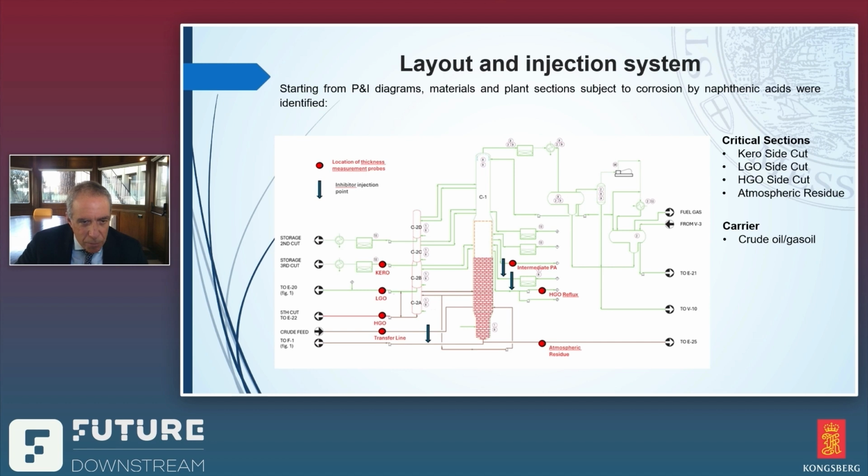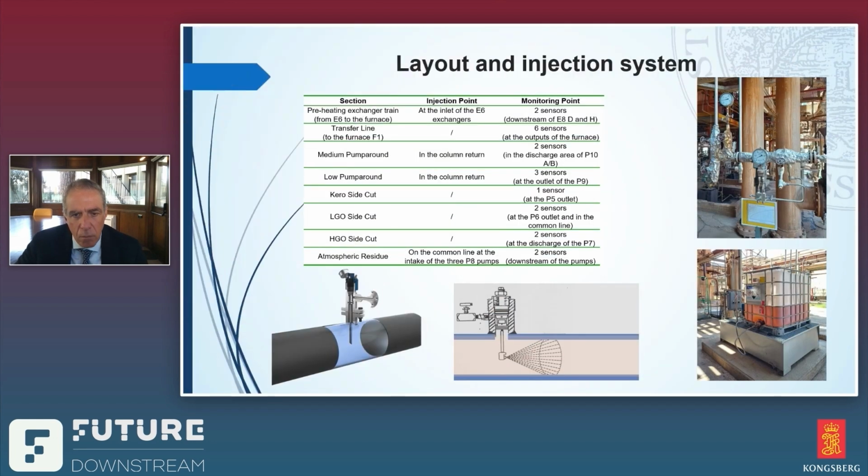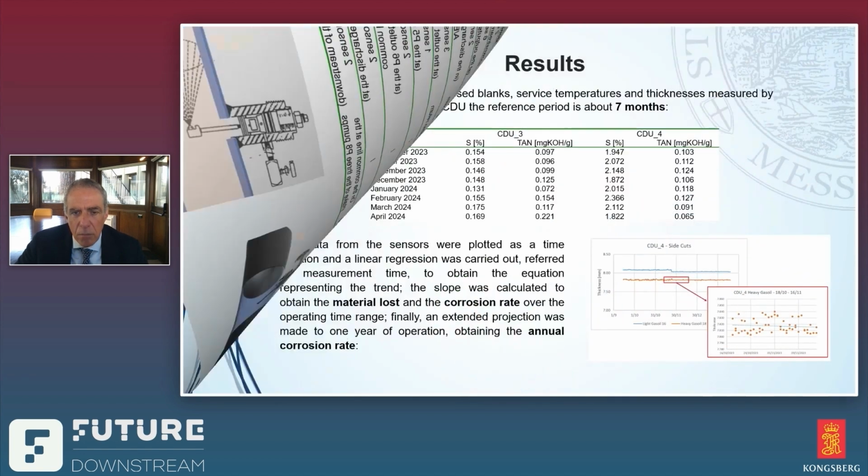In the lower section, because the bottom section is obviously the highest temperature section. This is just to show how everything has been arranged, how the injection points are, and how many sensors have been put for each stream.